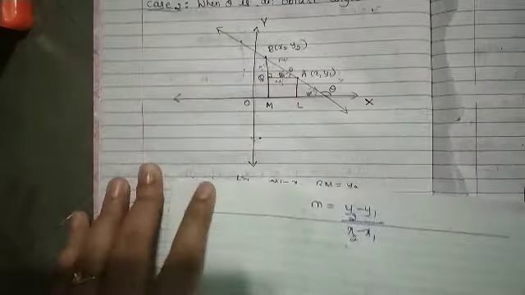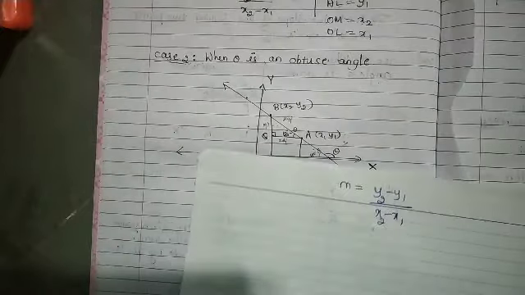Now we are going to discuss case 2, that is when theta is an obtuse angle.